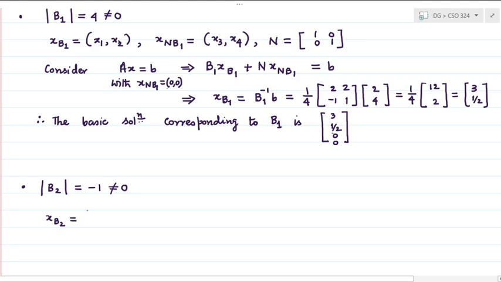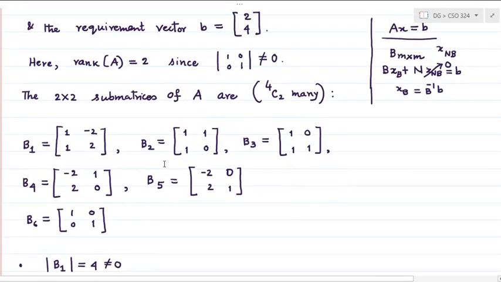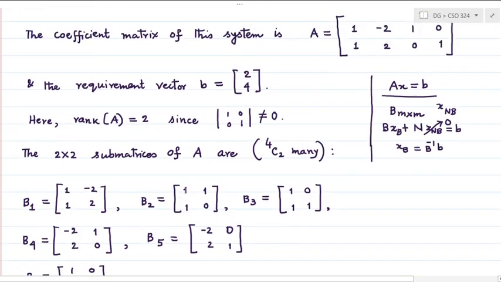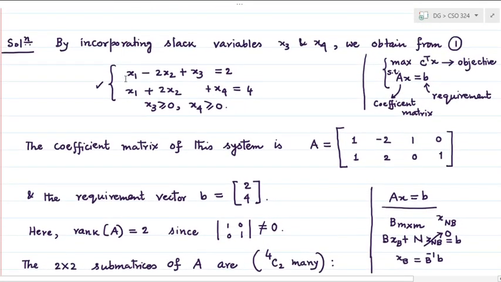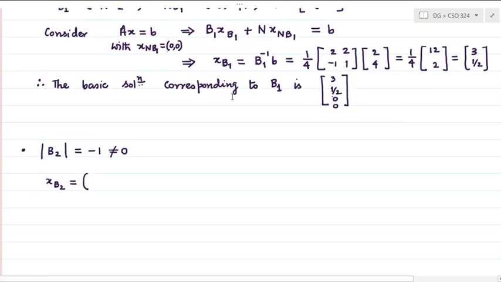The basic variables corresponding to B2 are which columns? Here is your first and third. Therefore x1 and x3. xB2 is x1 and x3. These are basic variables, and non-basic variables in B2 are x2, x4. Rest of the variables which are not basic.